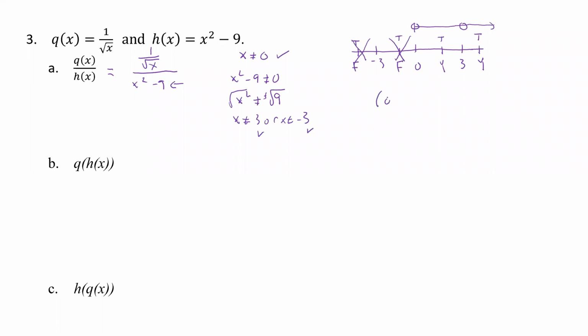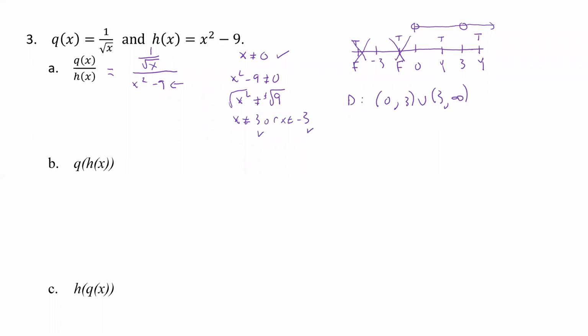And so what we're going to do is go from 0 to 3, union 3 to positive infinity. And so it's true in this area, it's true in this area, but it's not true at the 0 and the 3. And it's also not true at the negative 3 here as well. So that's going to be our area where we have a true statement, and that's going to be our domain.